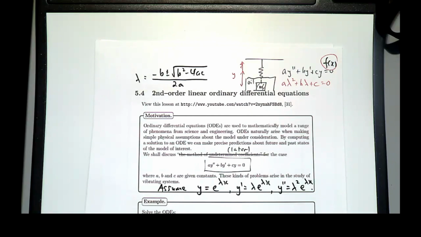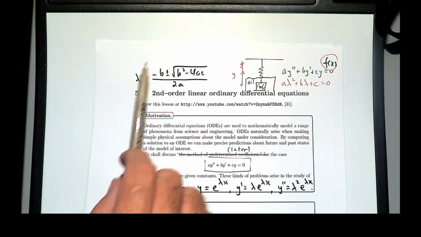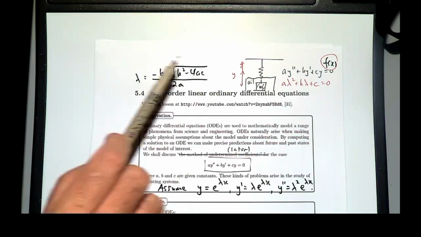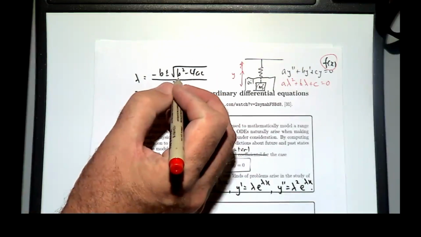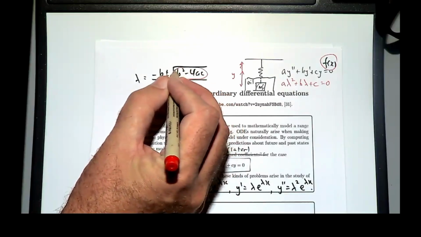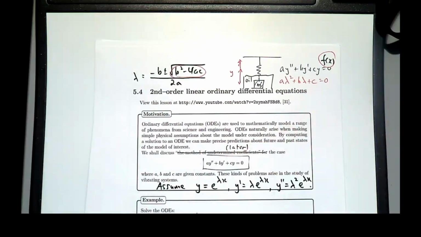What does it depend on? Depends on the coefficients, yep. Which part of this tells us whether it's going to be, say, real or complex? So if that's negative, we're going to get complex solutions, right? So our solutions will be in terms of sine and cosine times an exponential.